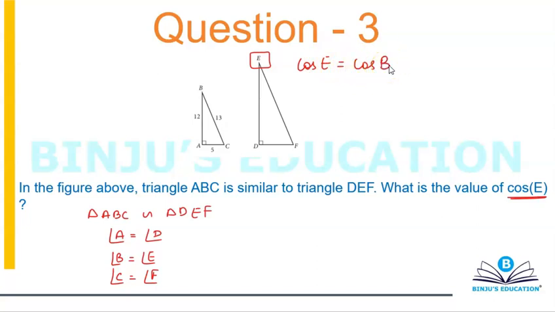And I'm done with the question, right? Because E and B are equal. If two angles are equal, then their cosines have to be equal. So cos of B. Now how do you define cos? That is adjacent divided by hypotenuse. Your answer is simply 12 by 13.